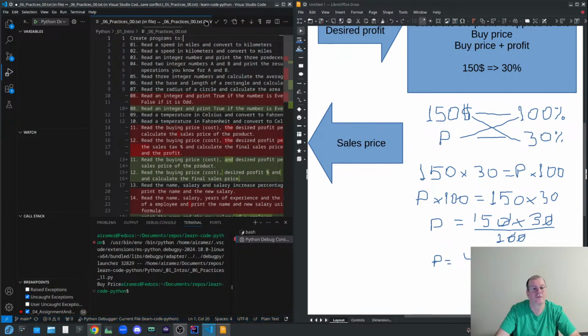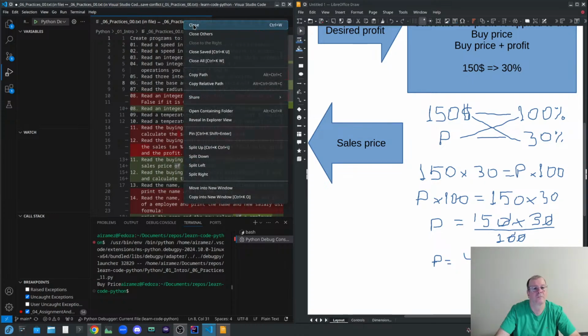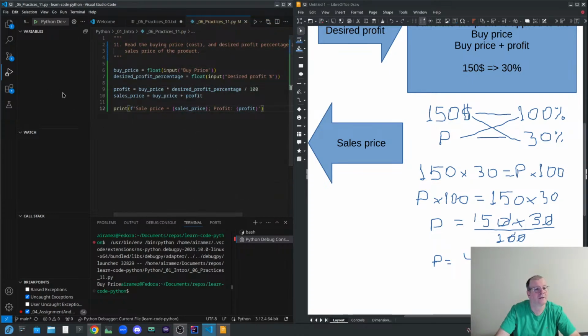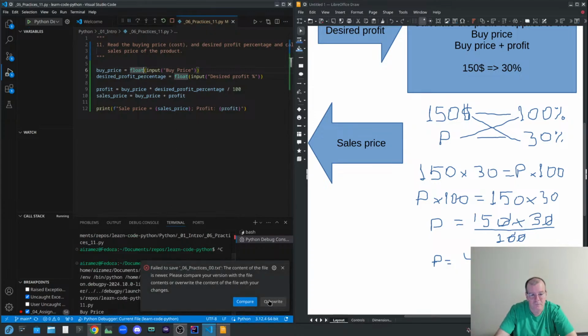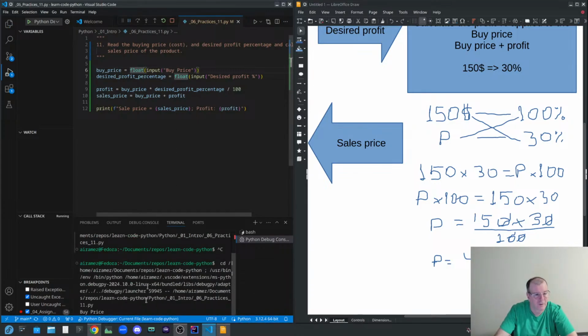Let me stop this here and close this file. Let me move those away. And let me run. I see override. So I already saw something not good here.